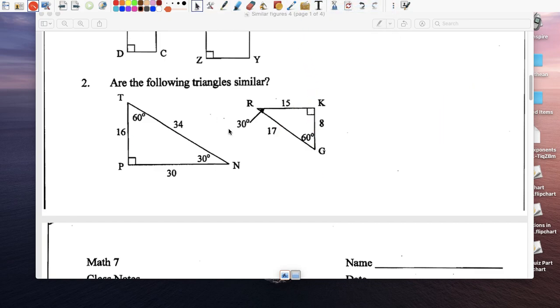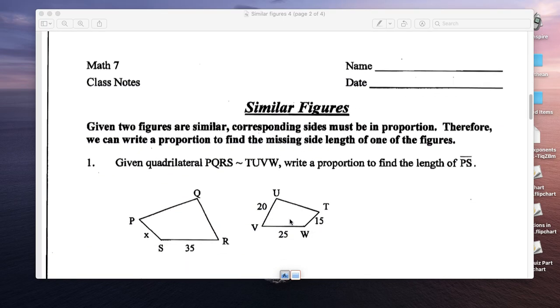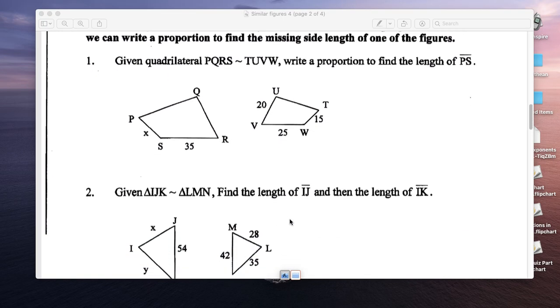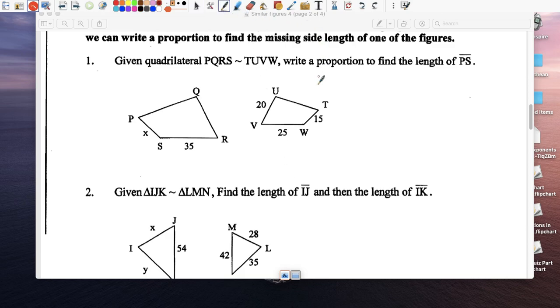All right, so that's the easy part. Now we get to use that proportion. If it states that the two shapes are similar, then the ratio of the sides in one shape is equal to the ratio of the sides in the other shape. First things first, you should always identify who corresponds.